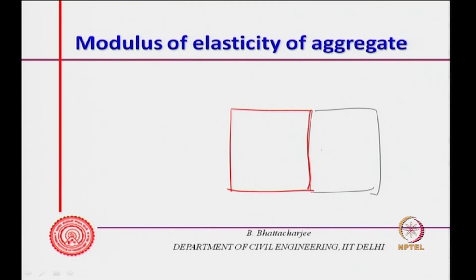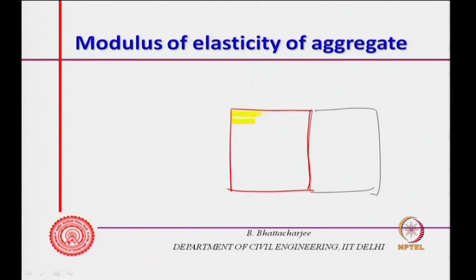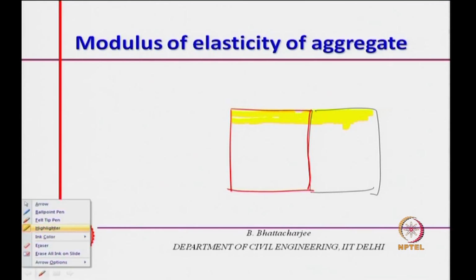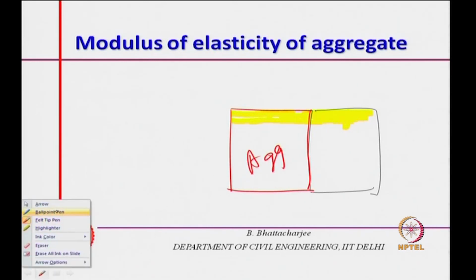They are bonded and they are trying to shrink; let us say this shrinks by this amount, and this shrinks by this amount. Now, paste shrinks, aggregate does not want to shrink. Let us say this is aggregate, and this is paste.